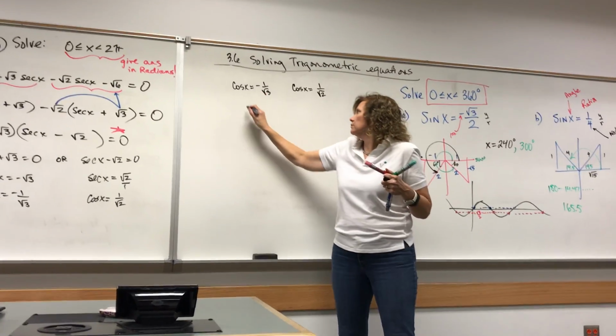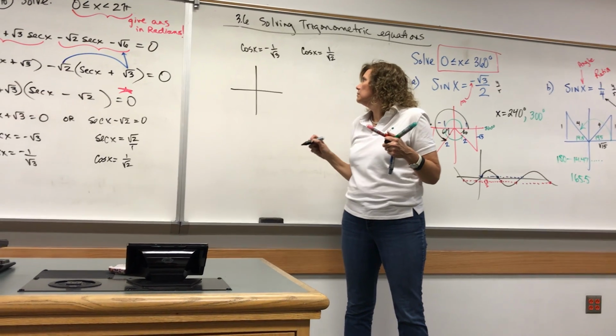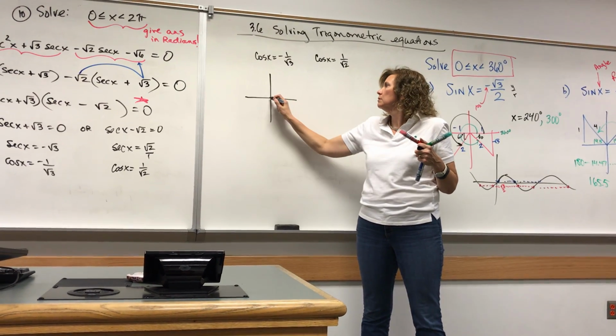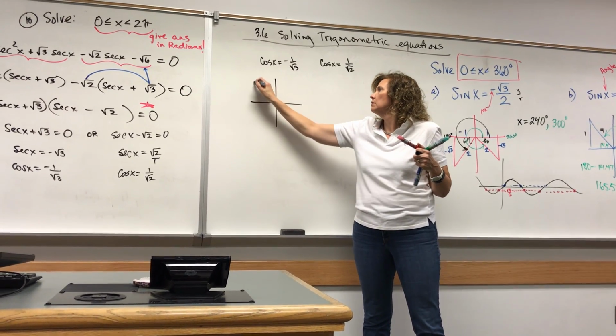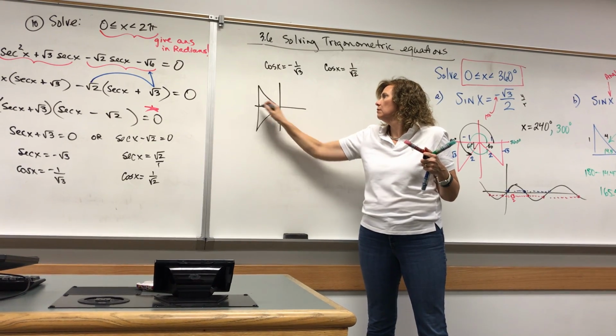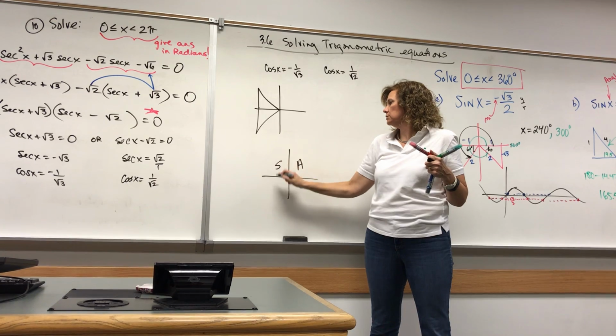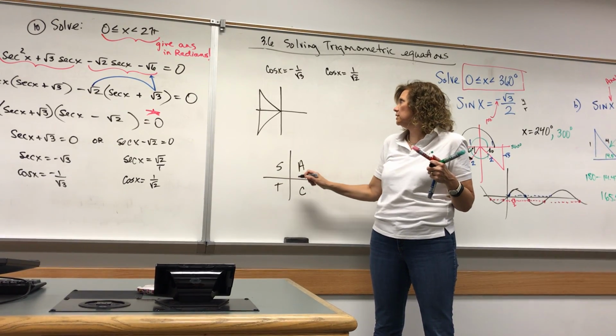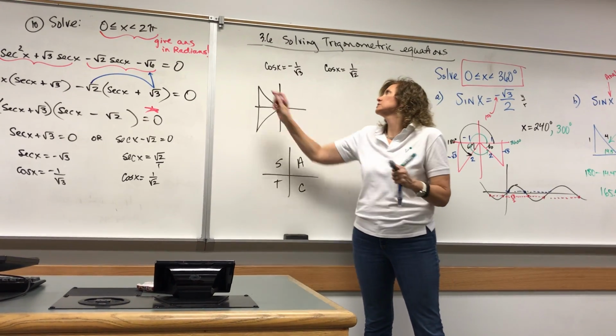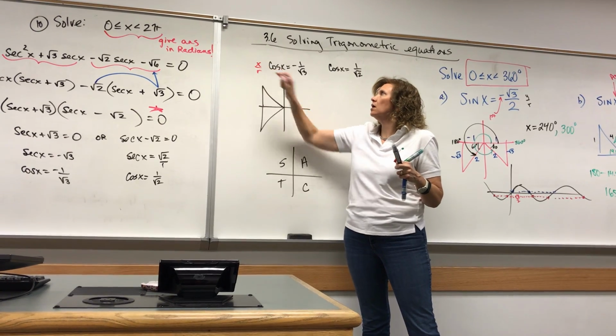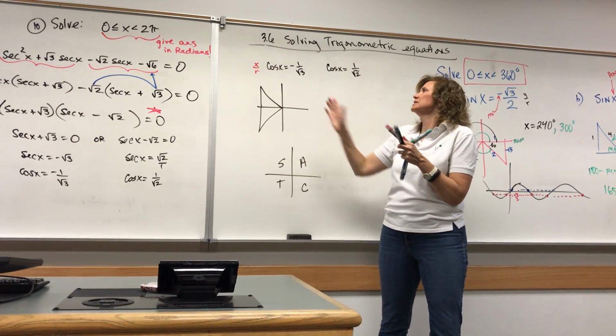Where is cosine negative? Quadrant 2 and 3. We can remember all seniors turn crazy. We can remember that cosine is x over r, so where is x negative?